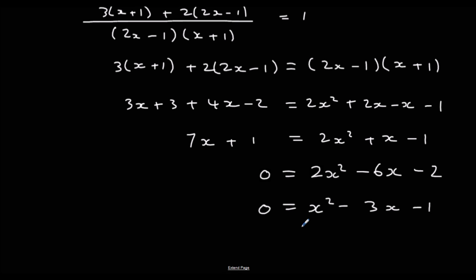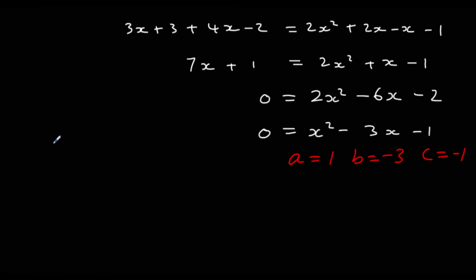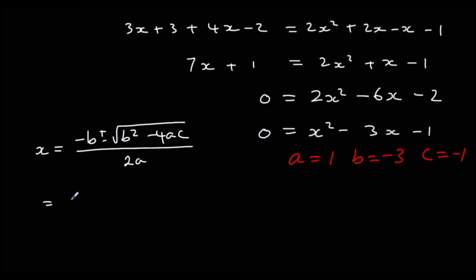So I can use the quadratic formula with a equals 1. I've got 1x squared, b is negative 3, and c is negative 1. So the quadratic formula is x is equal to minus b plus or minus the square root of b squared minus 4ac all over 2a's.